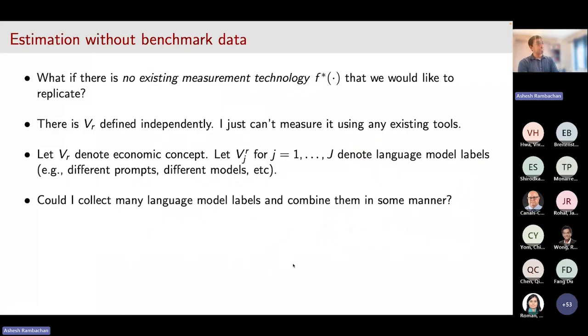questions. So then I guess now coming back to Jose's question, if you're not willing to accept the view that there is no ground truth, you think there is a VR that you would like to measure, maybe we could use the fact that we have many large language models, or even within a language model, we could have many different prompt engineering strategies. So could we collect many large language model labels and combine them in some manner?